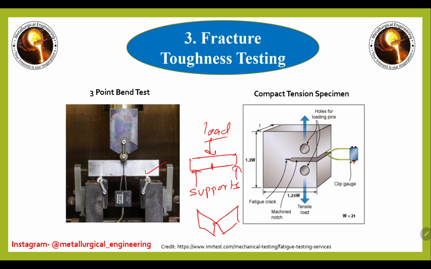The second type of component is called compact tension, or CT specimen. Here you can see this specimen geometry. We apply loading on these two holes, and we use a small pre-crack in this region. As we apply the load on this side, this crack will grow in this direction. The fracture toughness is evaluated using an empirical formula as per the ASTM standard.